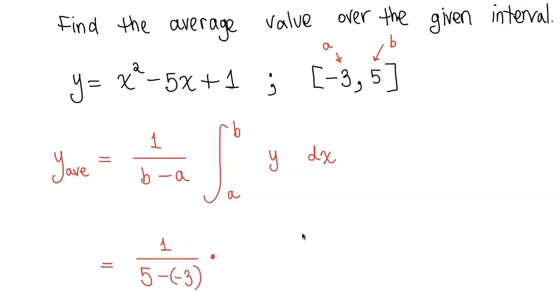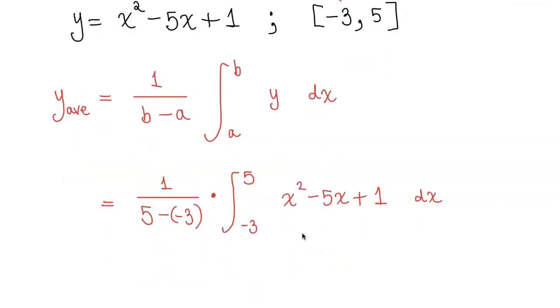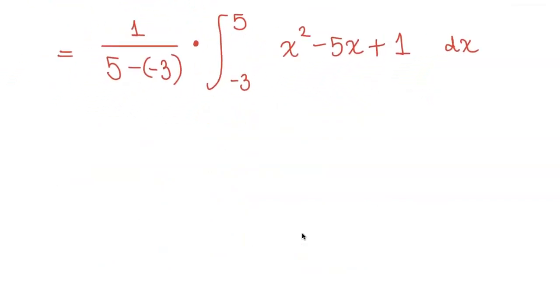And I'm going to multiply that by the integral from -3 to 5 of that quadratic function. So that fraction is 1 over 8. When I'm done evaluating this definite integral, I'll just divide my answer by 8. So let's go ahead and do this integral.